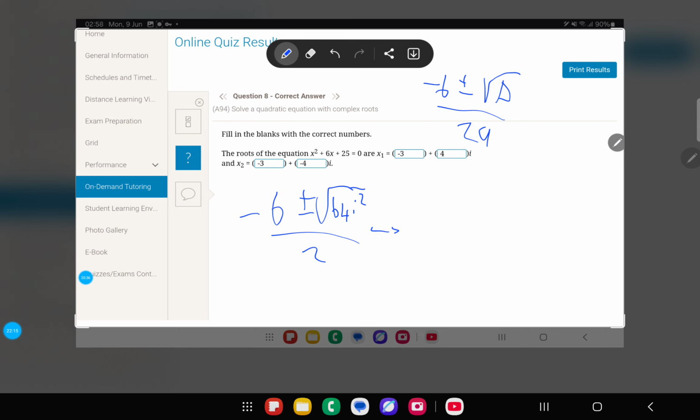So now we do the same way as the first question. Negative 6 plus minus, we take it out of the radical, it becomes 8i, over 2.